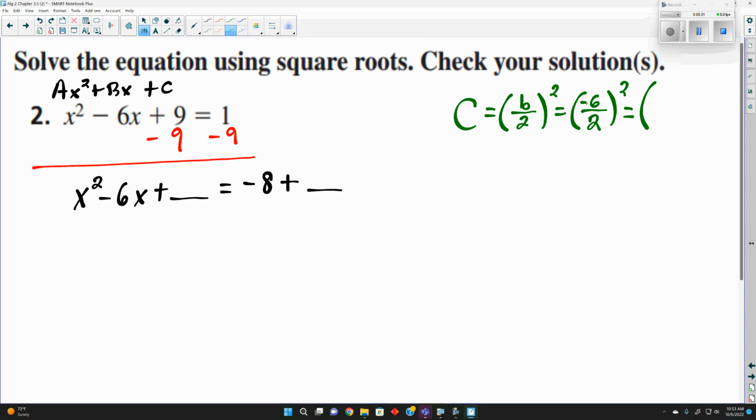It is 6, but it would be negative because we take the sign with it. Since it's minus 6x, we take the negative 6. Negative 6 is our value of B. If we divide negative 6 by 2, we get negative 3 squared, and negative 3 squared is positive 9. So we add 9 to both sides.